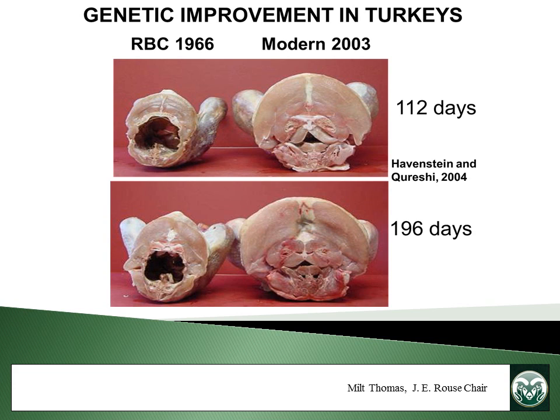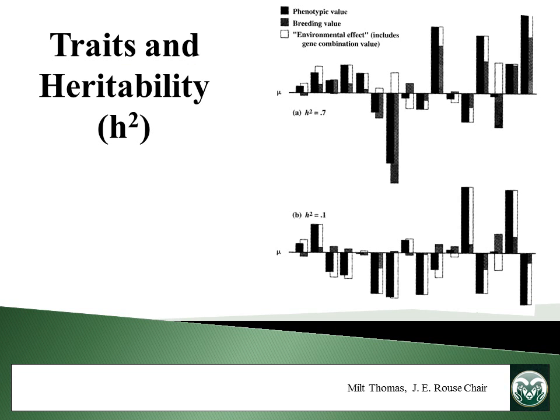Selection for massive breast size of the turkey has created a beast that has to be bred artificially because the tom physically can't mate with the hen anymore. That's because of genetics. We created them that way. Think about that. How many turkeys do we need on Thanksgiving Day to feed the United States? It's a bunch, okay? And so that's what genetics has done. I'm not arguing whether that's good or bad. I'm just saying that that's what it is.